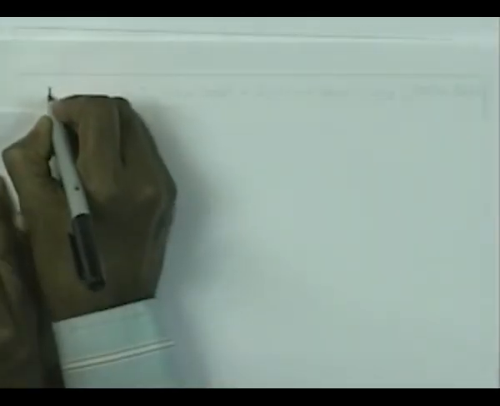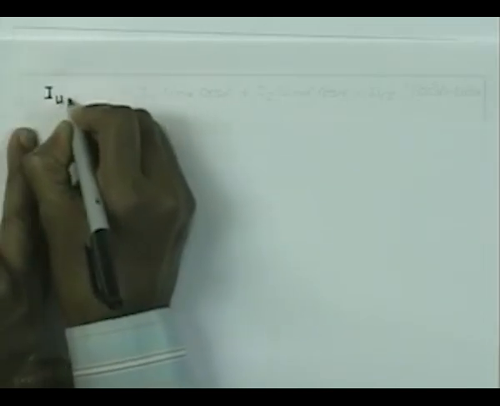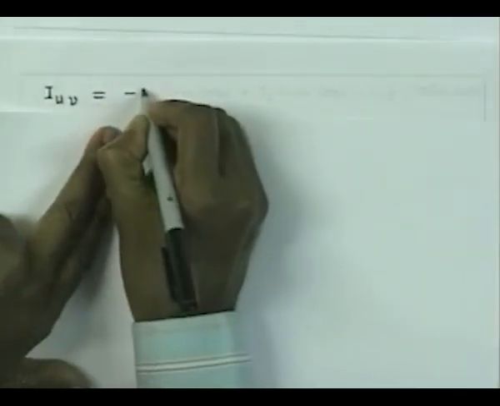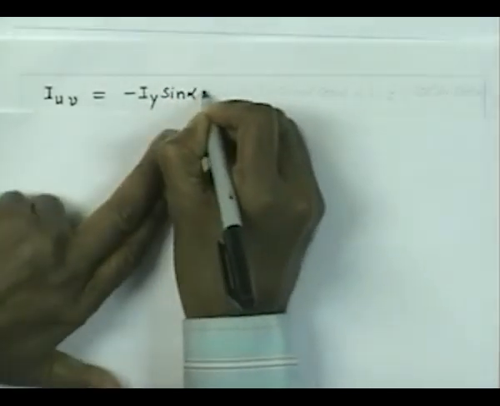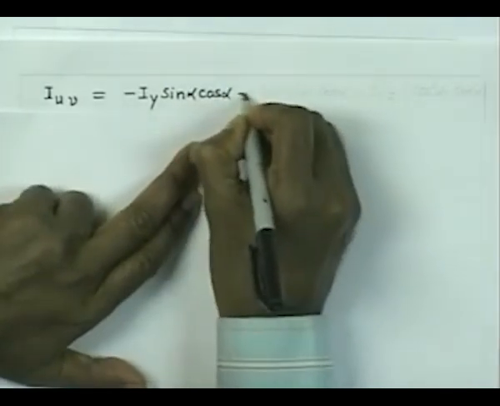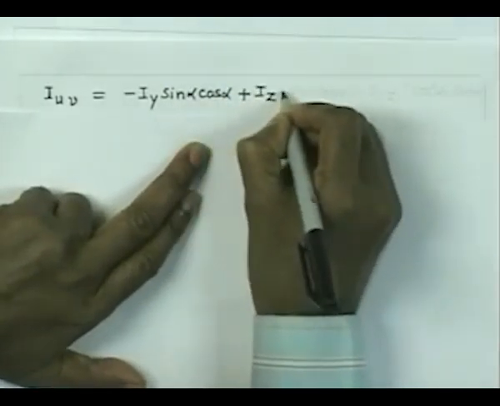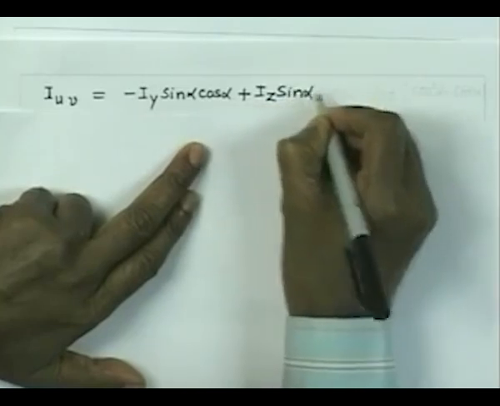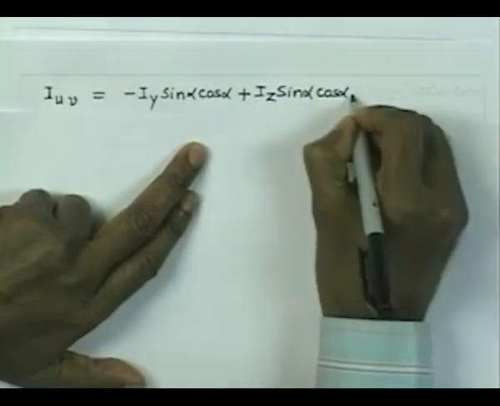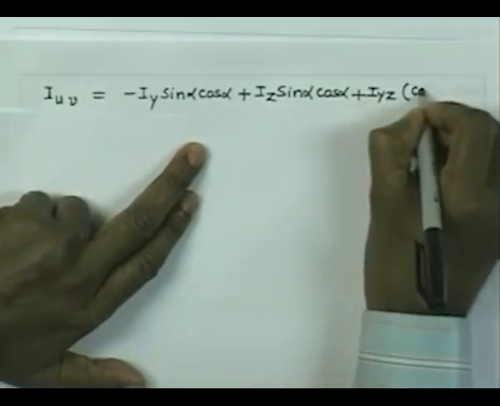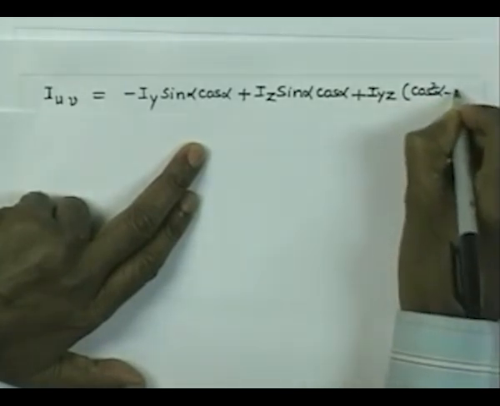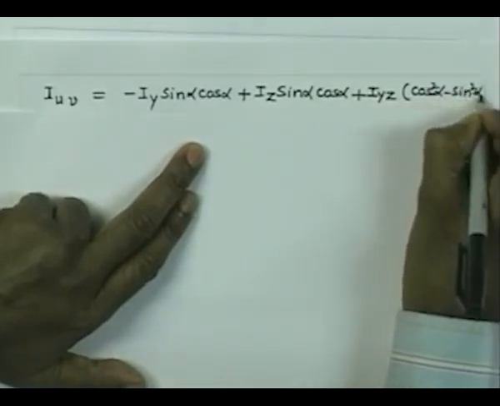Now, if we simplify this, it gives us Iuv equal to minus Iy sin alpha cosine alpha plus Iz sin alpha cosine alpha plus Iyz (cos square alpha minus sin square alpha).